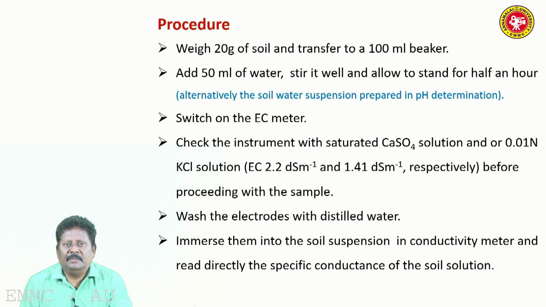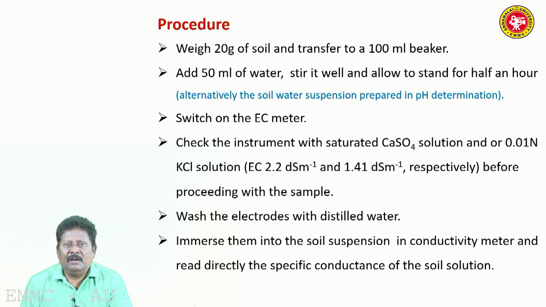First switch on the meter, then wash the electrode, then wipe out the excess moisture outside using filter paper, then you feed the standard solution, saturated gypsum or 0.01 KCl. Usually we prepare 0.01 KCl.